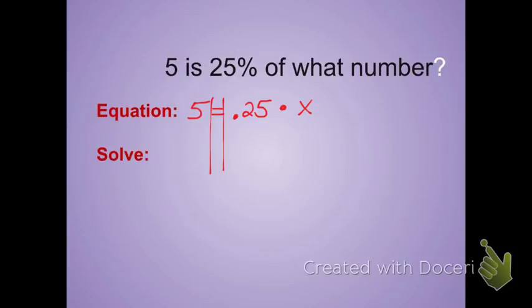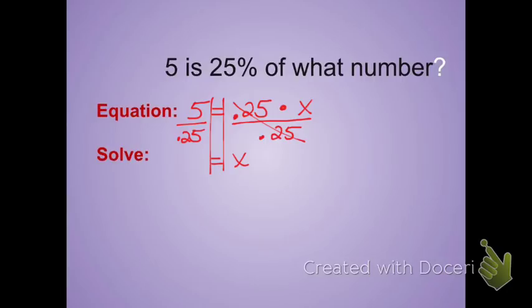So we're going to solve it like we did with all of our equations. Draw your two lines to line up your equals. Divide both sides by 0.25, because that's the one next to the x, right? Okay? Put that in your calculator. 5 divided by 0.25.